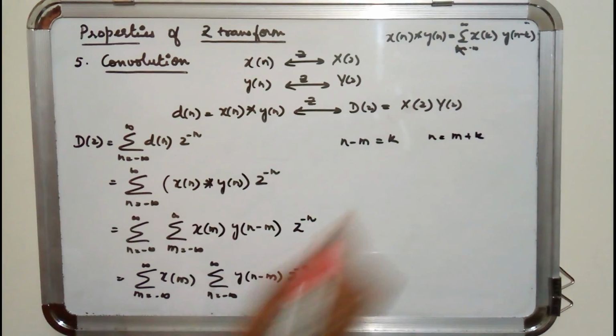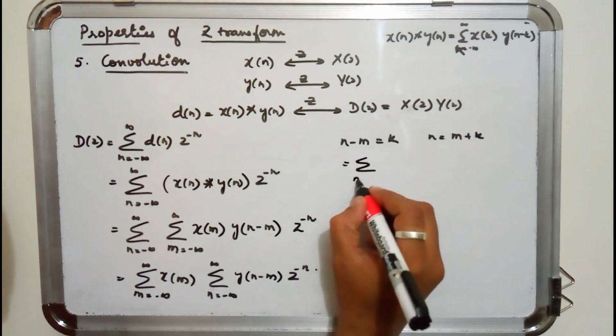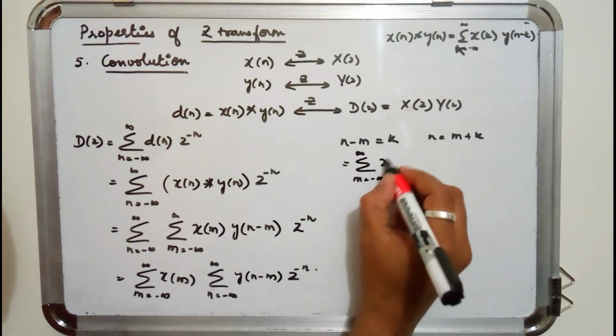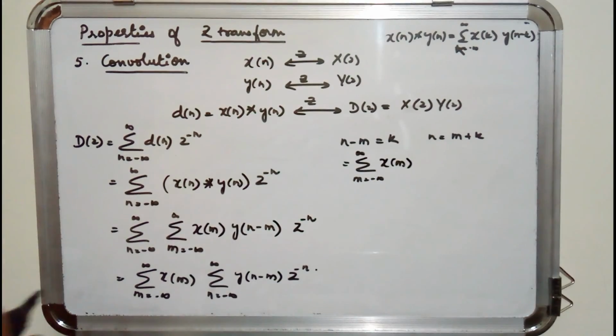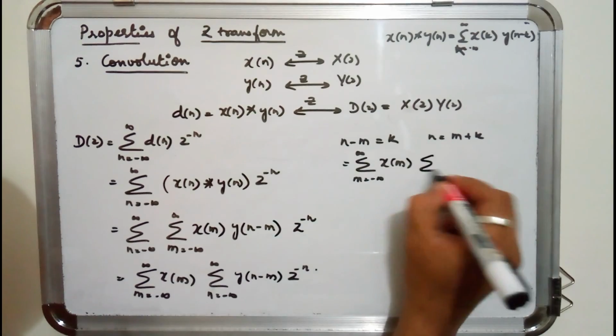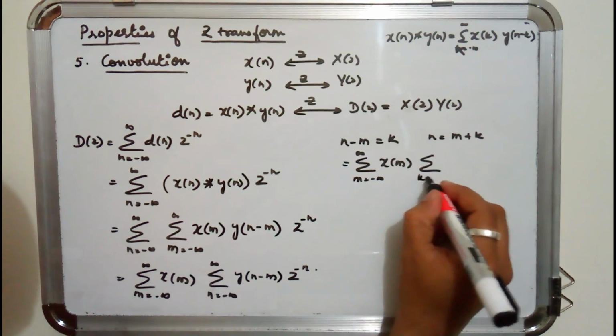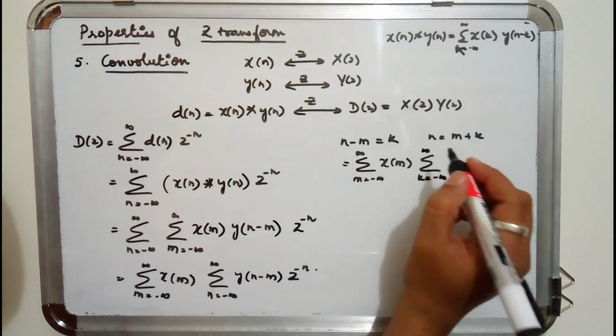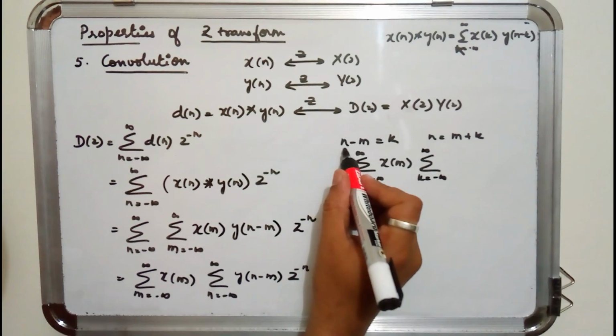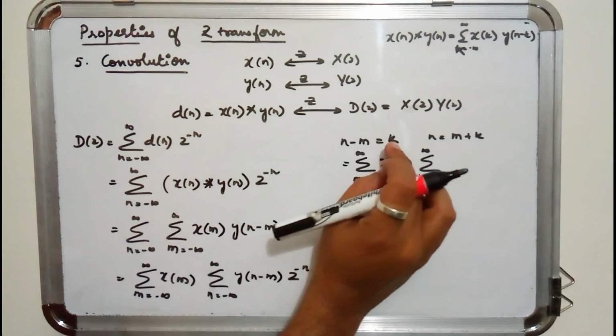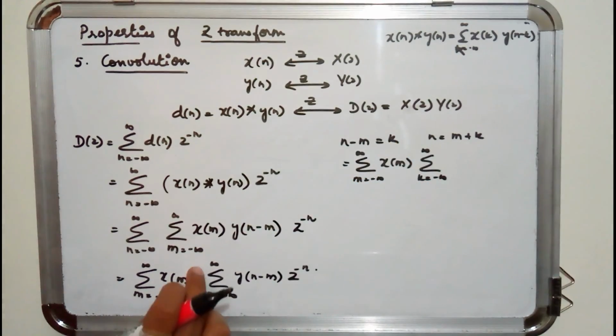So continuing this here, I will be getting summation m is equal to minus infinity to infinity x of m into summation, I have substituted n minus m as k, so n will be replaced by k. So I will be getting k is equal to minus infinity to infinity, because when n is equal to minus infinity, k will be minus infinity. When n is equal to plus infinity, k will be plus infinity.